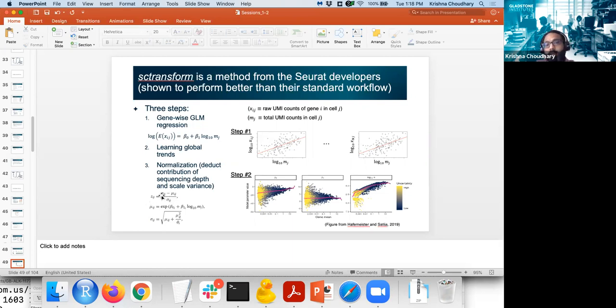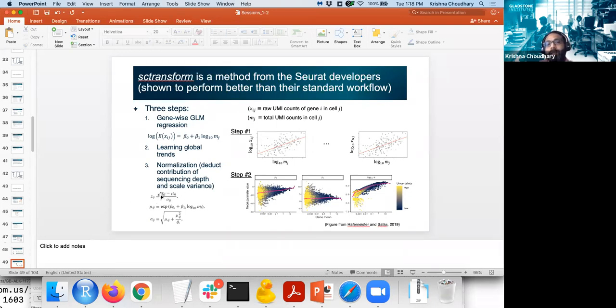And the interpretation is, after normalization, if the values are positive, it means that the observed level of expression of a gene in a certain cell is above what would be expected given its mean expression in the population that you are looking at, and given the sequencing depth for that particular cell.